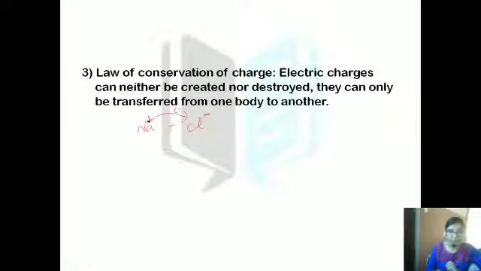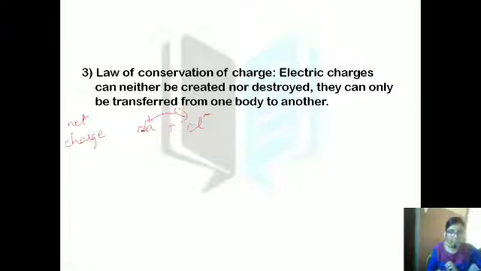So now they are charged. Initially their net charge was 0, they were uncharged. Now we are transferring negative charge from sodium to chlorine. We are not creating the charge, we are transferring the charge which was already present in the sodium to the chlorine.